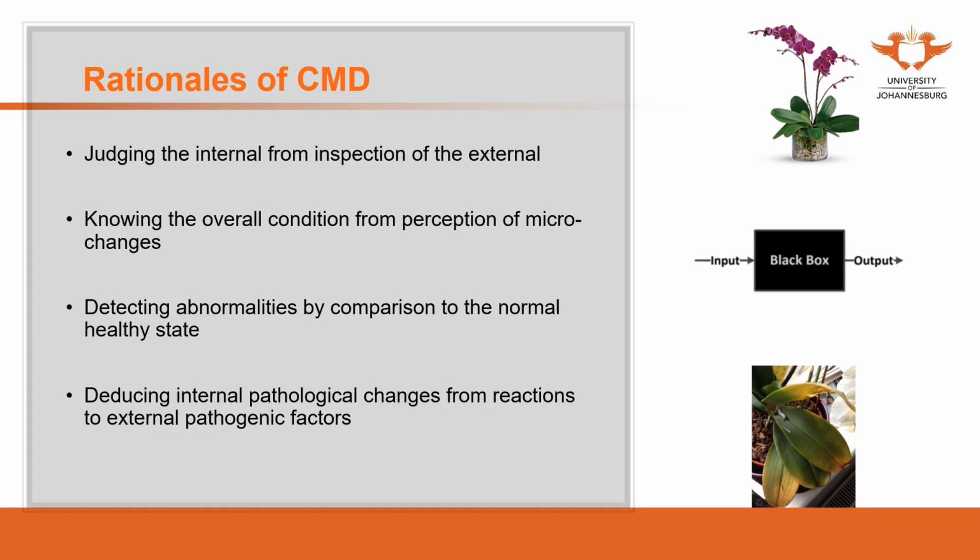This is very similar to the first feature, judging the internal from expression of the external. So we are actually considering the three features of the rationales. We're going to discuss one by one what this means.